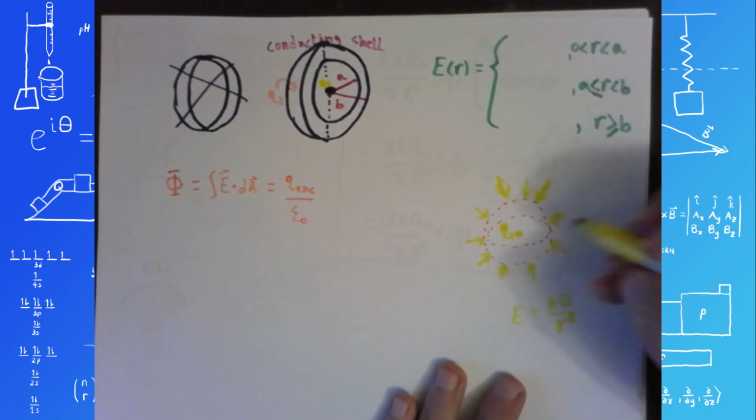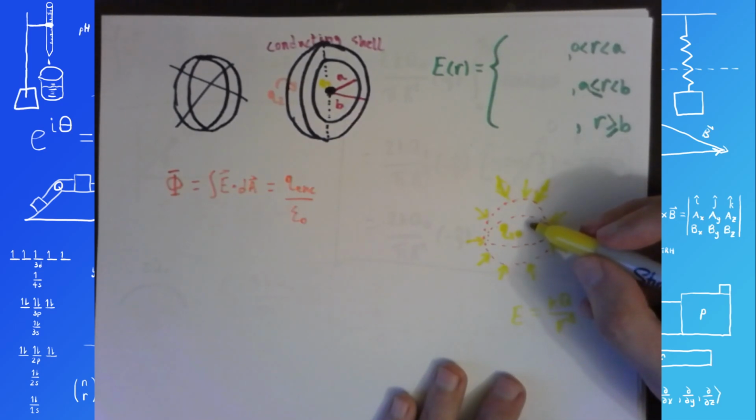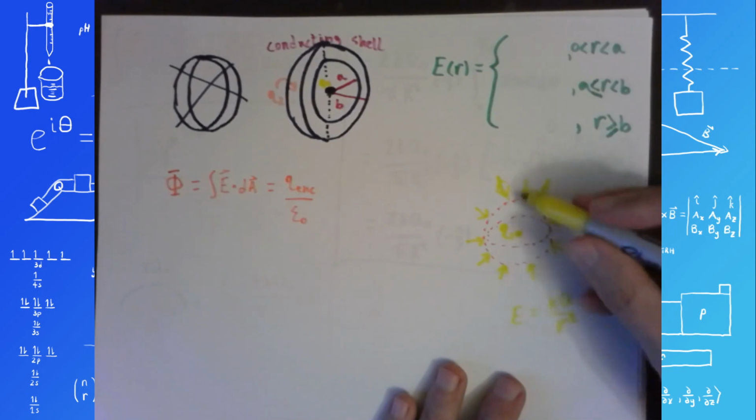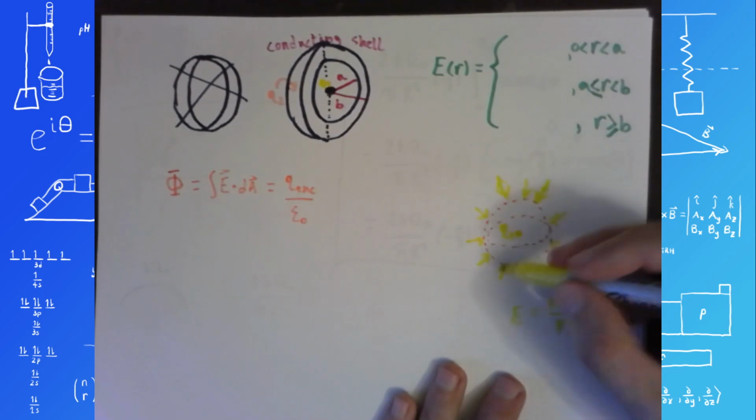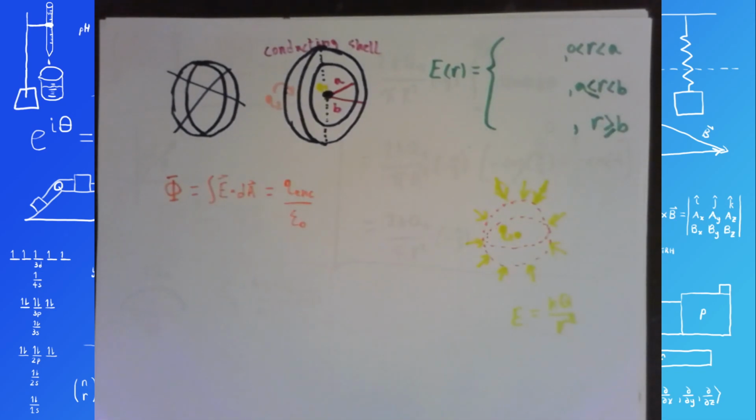The distance is the only thing that could be variable here, and we know that the distance is the same for each of these points. So yeah, same electric field for each and every point on the surface of the sphere. I'm sure you didn't need me to reiterate that, but just in case you needed a refresher, there you go.